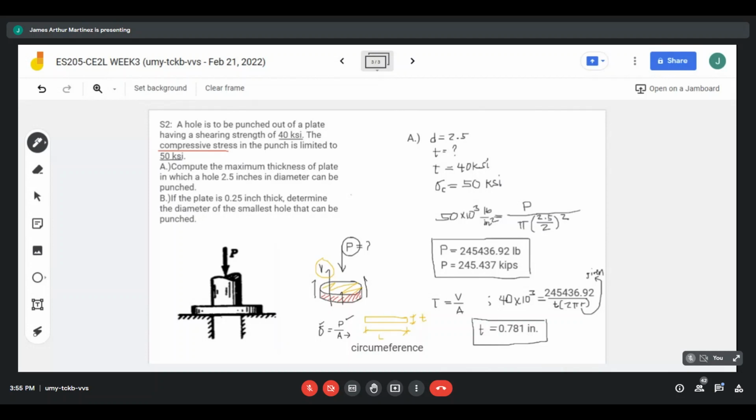For this letter B, I want you to answer. I'll give you 10 minutes. It is 3:55 now, so by 4:05, if you can answer correctly and show and explain your solution, I'll give you plus 5 points on your assignment or seat work. We don't have an assignment or seat work yet, but this is an additional plus 5.